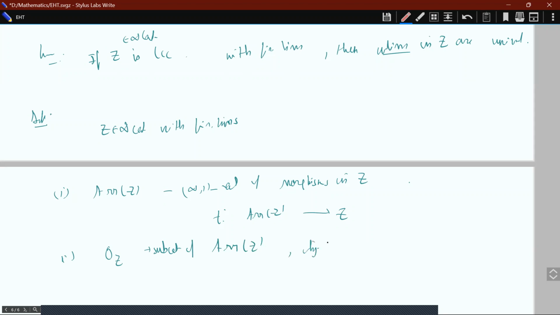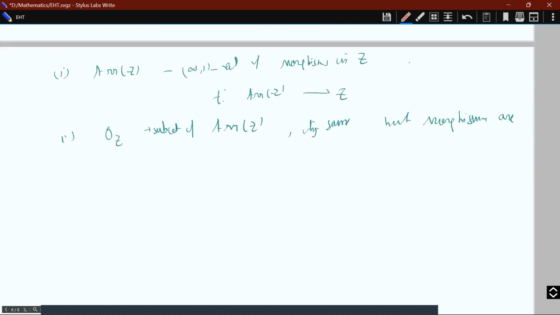The objects are the same, but the morphisms are the pullback squares. And there is further another subcategory, the subcategory with objects being the monomorphisms.